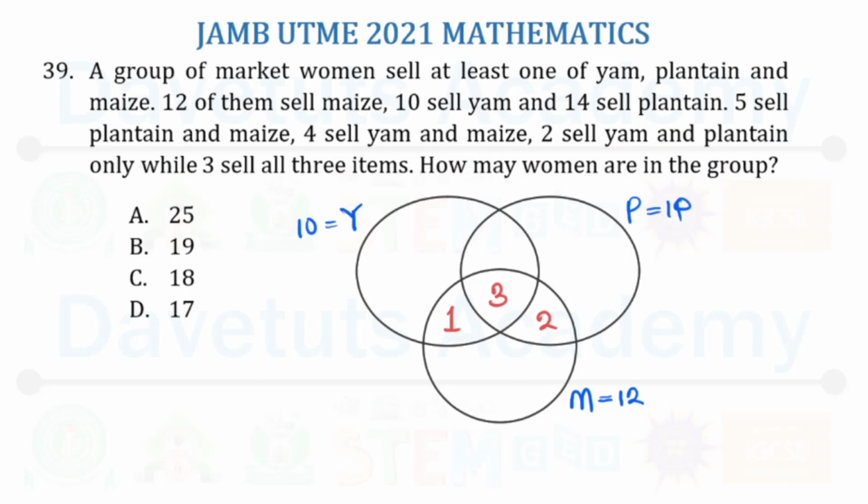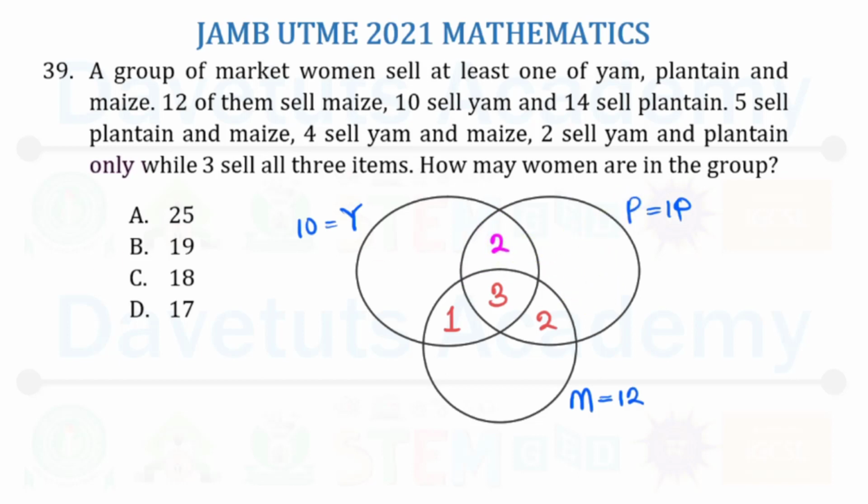I was telling us that we should note that word only because it's critical. When they say only here, it's very interesting because it shows that we are not saying that yam and plantain is this whole region. No, only means that we are looking at this region alone, just this region. So that is 2. So we want to put it that this is 2.